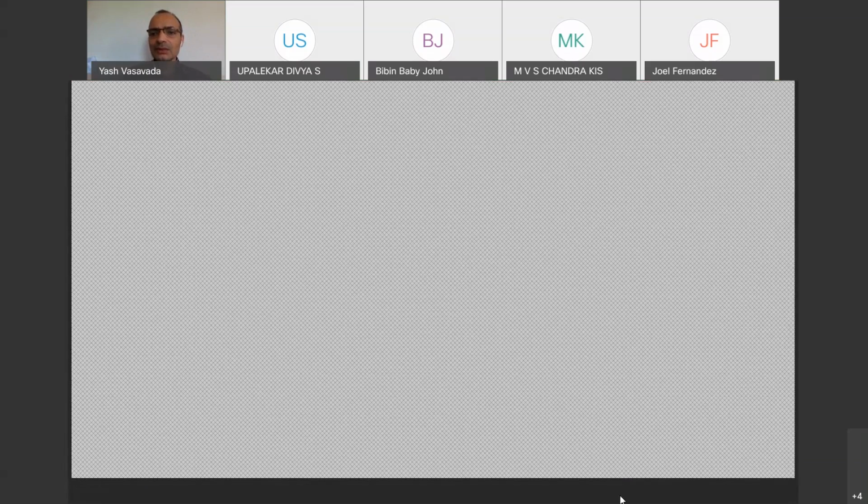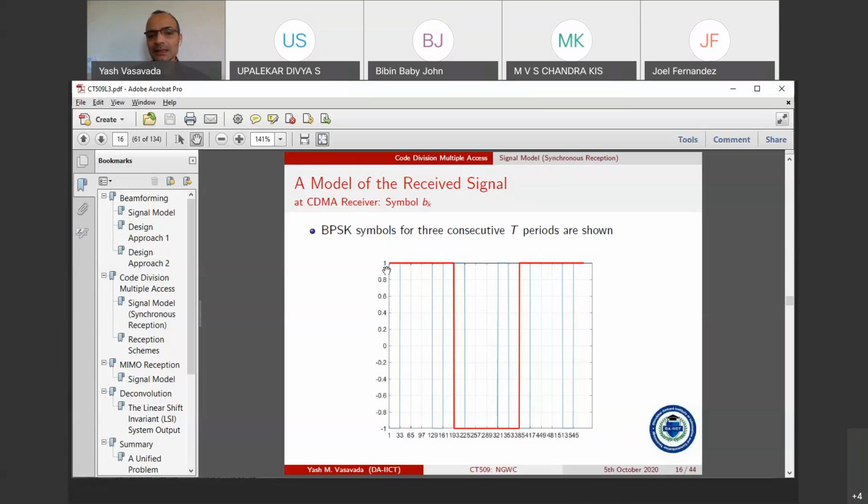So in that context, compared to the spectrum of this original symbols, which will have a width roughly proportional to 1 over 192, meaning that it will be occupying a very small frequency spectrum, this transmitted signal will have a width which is 1 over 32, because individual chips are now only 32 units in time.